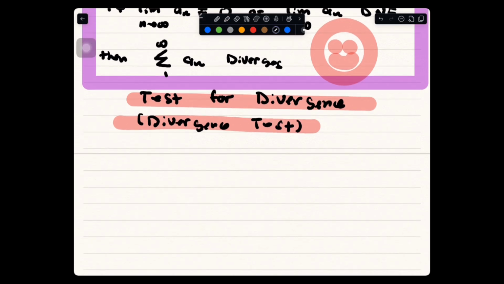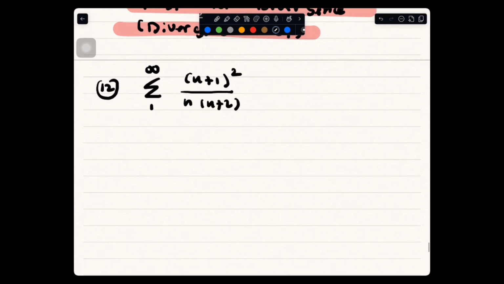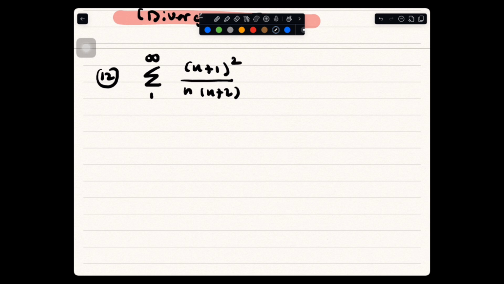Well, example would be number 12, which is looking at the series from n equals 1 to infinity of (n plus 1) squared over n plus 2. We got to check, does this converge or does it diverge? Converge or diverge, okay?